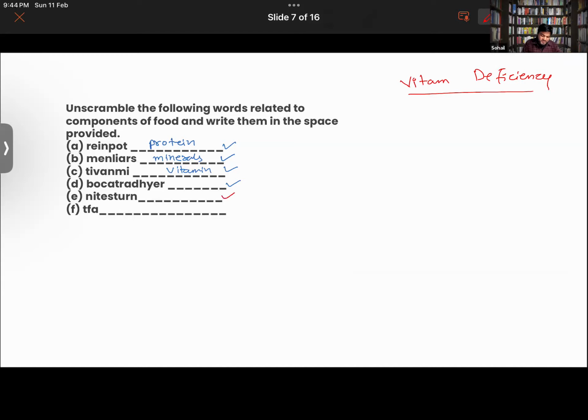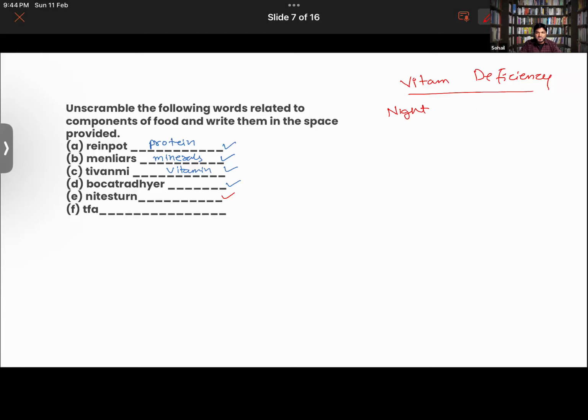That is nutrients. And the last one is very easy. Fat. Very good. Now, you know that if our body does not get adequate supply of some of the vitamins, then there's a possibility that certain type of problems can occur in the body.